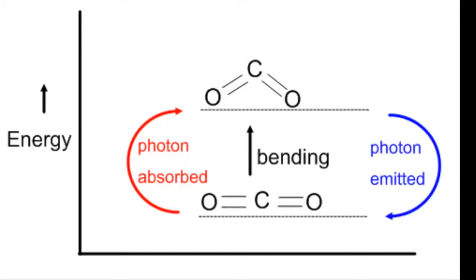When we pass monochromatic electromagnetic radiation, that's to say waves of a specific wavelength, through an organic sample, if that energy exactly matches the energy of the vibration of bonds that are present, then energy will be absorbed, and so more of those specific vibrations will take place. But by the nature of vibrations, as the molecules return to the lower energy state, those photons of energy will be given back out again.